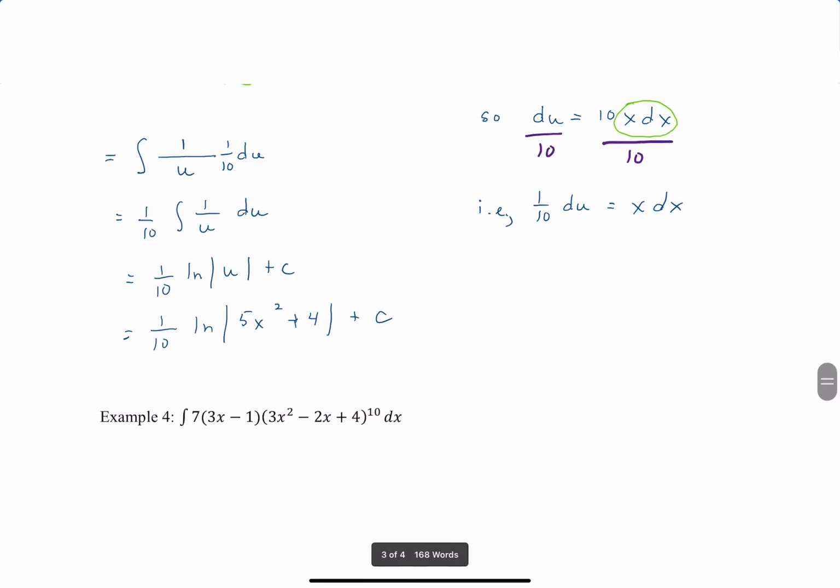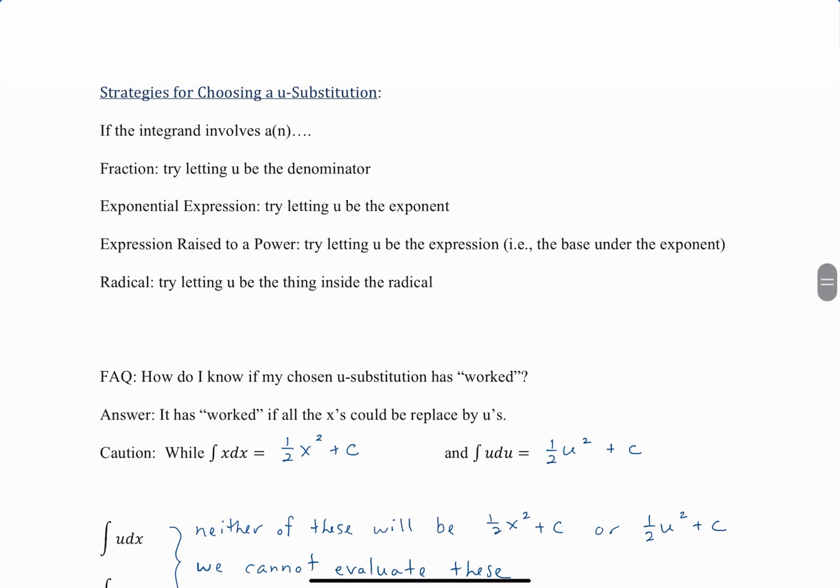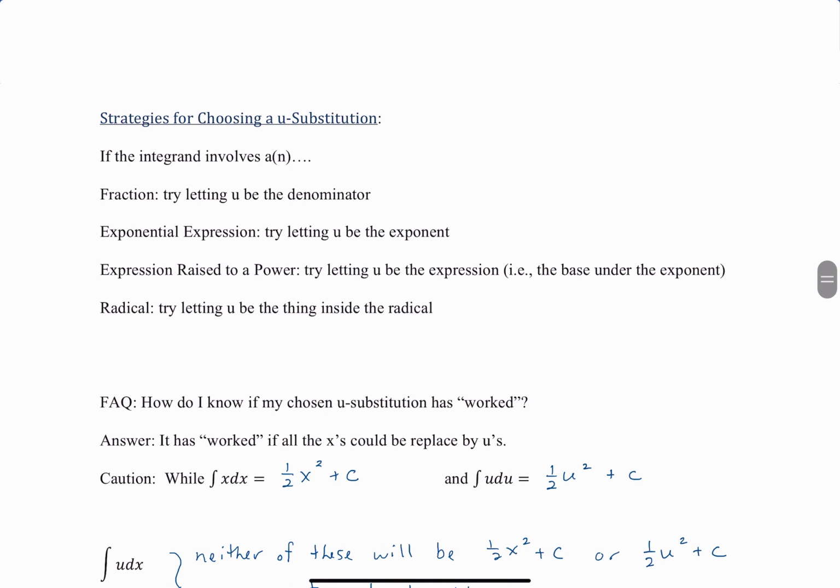If we consult our strategies for choosing a u substitution, we have this one that says if the integrand involves an expression raised to a power, try letting u be the expression. In other words, let u be the base under the exponent. That's what's going to help us here.